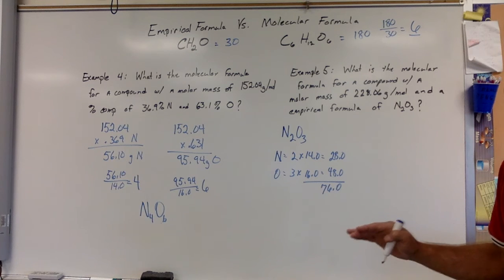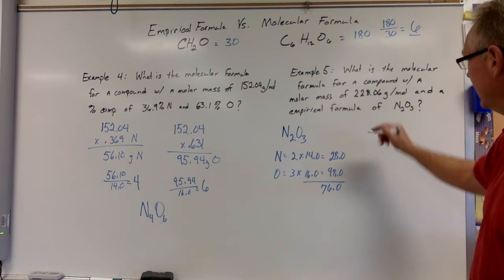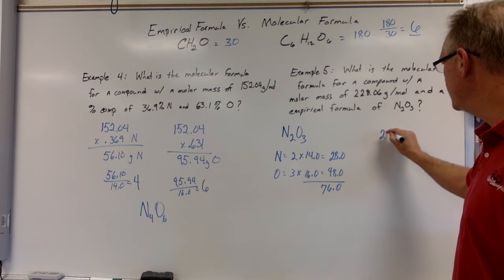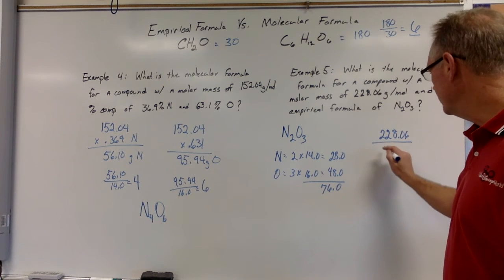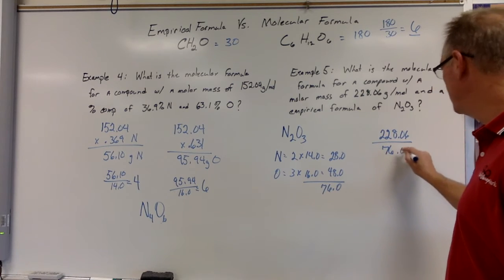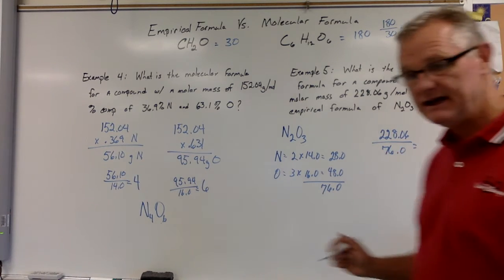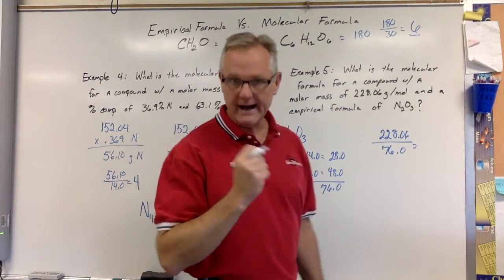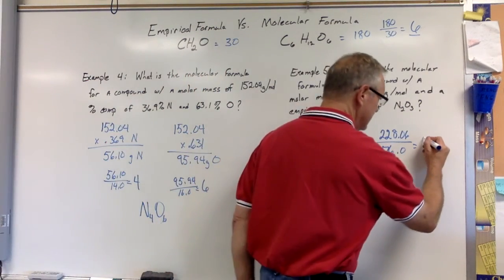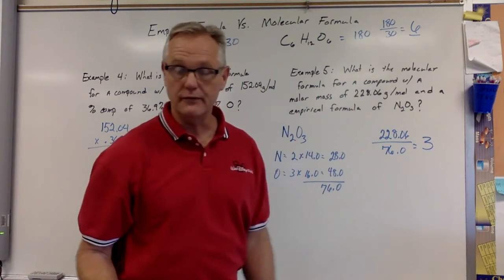So if I wanted to find out what the multiple was, I'd just take my molecular mass, 228.06, and divide that by 76.0. I'm going to punch that in on my calculator, and when I do that, I come up with 2.998. That definitely rounds off to be a 3.